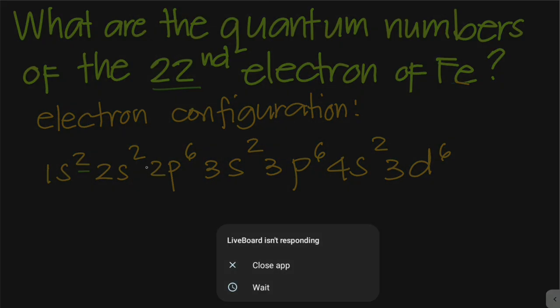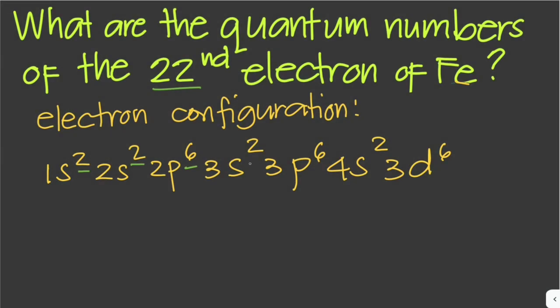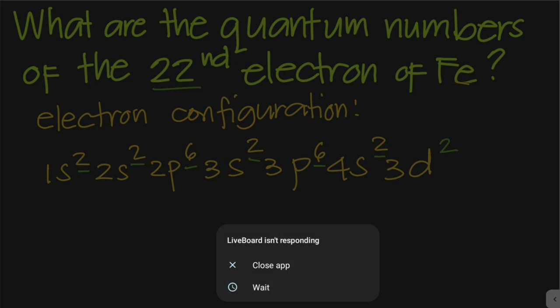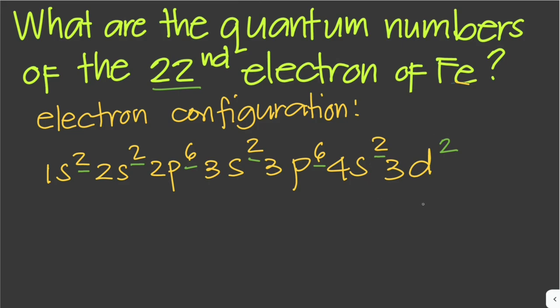So we have 2, 4, 10, 12, 18, 20, 22nd. So we remove 4 electrons from the last electron. So this would be 3d squared, or 3d2. Then we will only use that part.